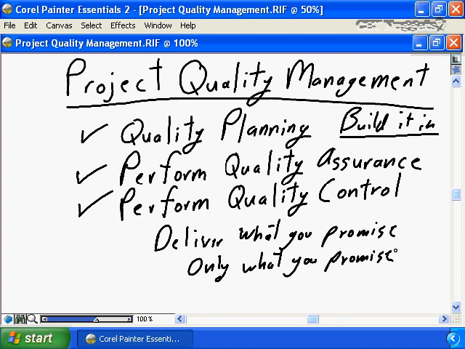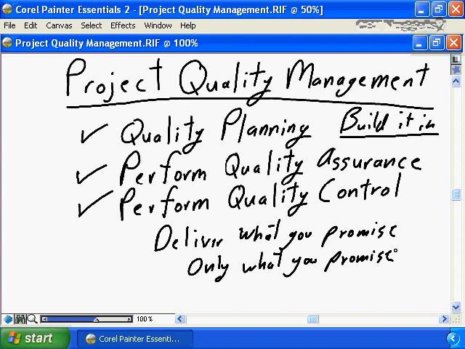So as you're defining your project plan, ensure that you have the appropriate steps to deliver everything that's defined in the project scope. And then during project delivery, ensure that you're only delivering what is contained in the project scope.